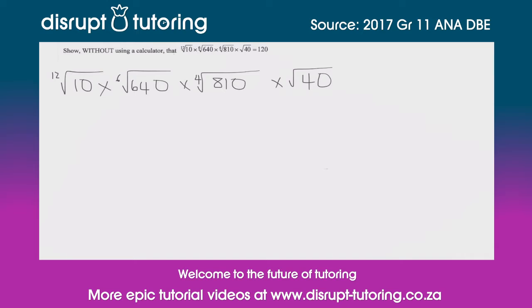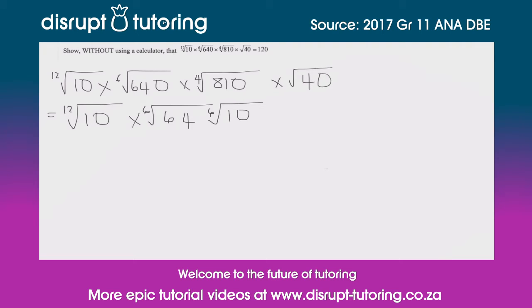And what I'm going to try and do is rewrite this where I break up the numbers inside these brackets to see how I can make use of this 0 as well with this 10 at the front. Okay, so let's see. So we've got the 12th root of 10 times, then we're going to have the 6th root of 64 times the 6th root of 10.